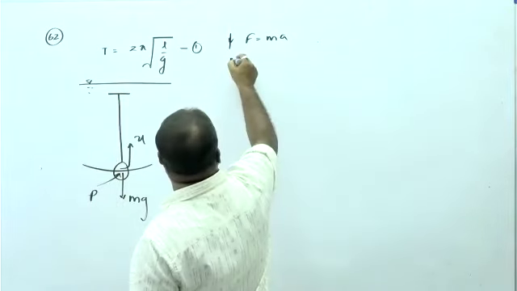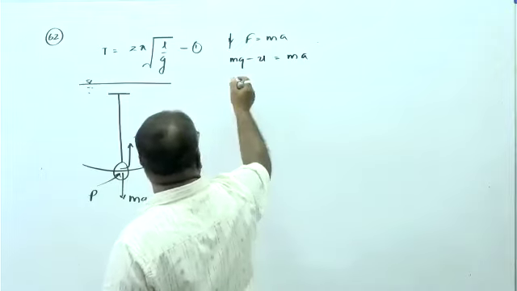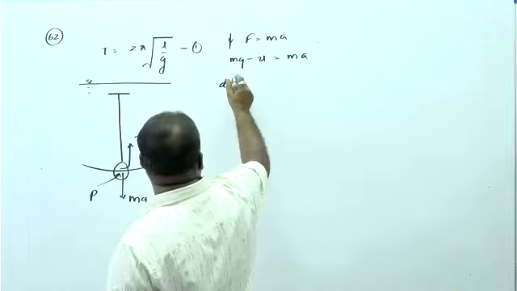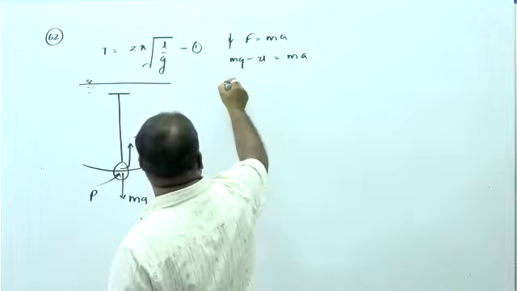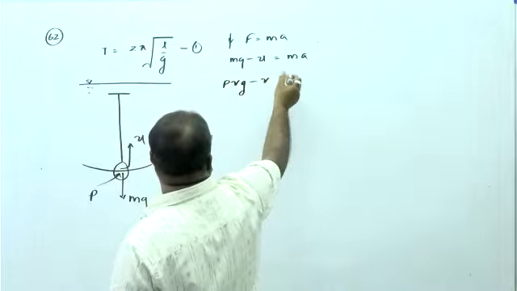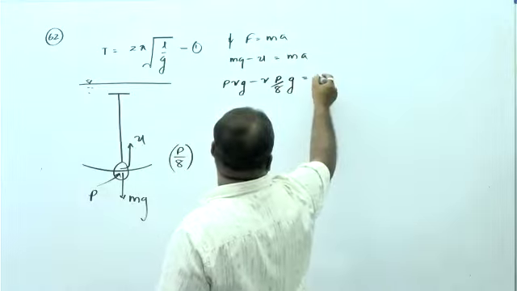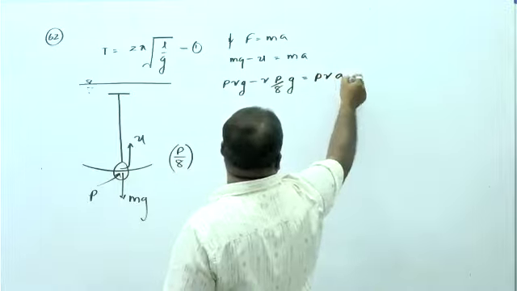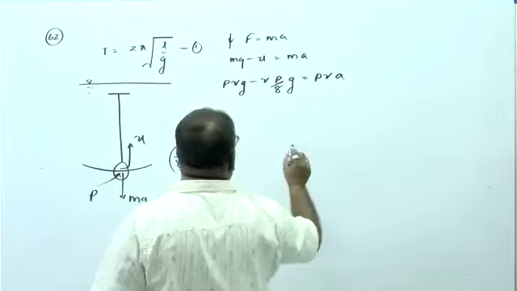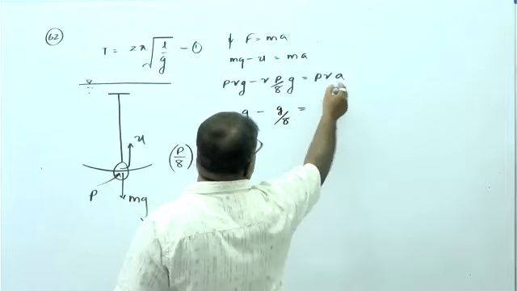In free fall, we have weight mg, upthrust u, equals ma. Mass is density into volume, density rho, right? So rho v g minus v rho by 8 g equals rho v a. rho v cancels here, g minus g by 8 equals a.